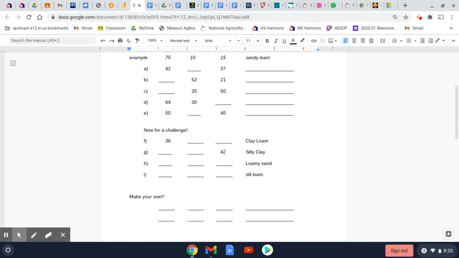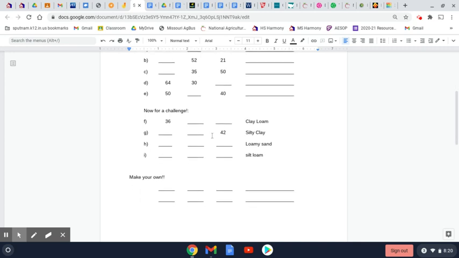For the challenges, those will be a little trickier, so I want to see how well we can work on the challenge problems. They give you some percentages that you can work with to see where they would overlap, and some just give you the texture.